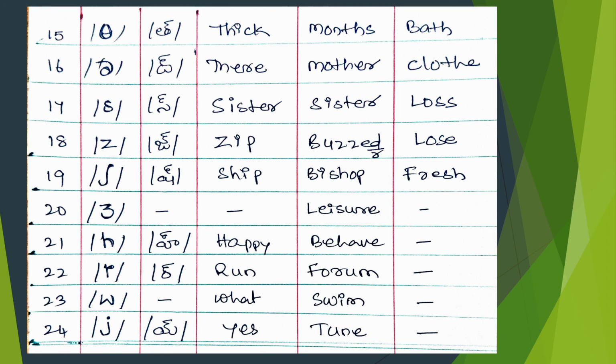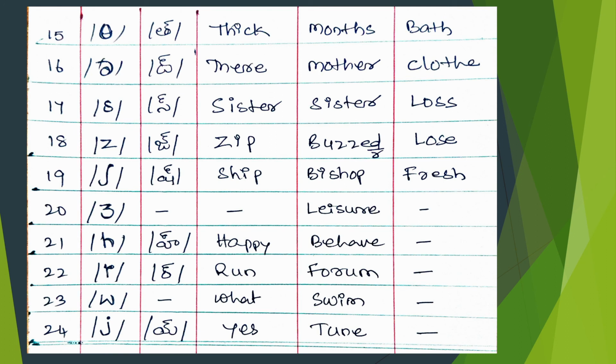Initially it happens in words such as happy, he, hotel. And this happens medially in words such as behave, inhale. This will not happen finally.